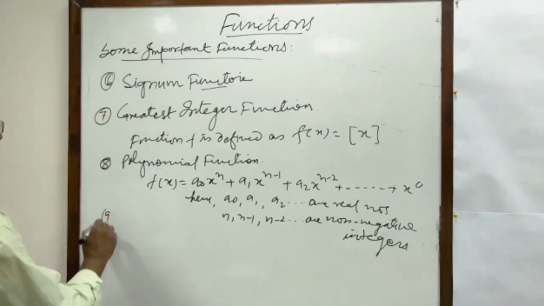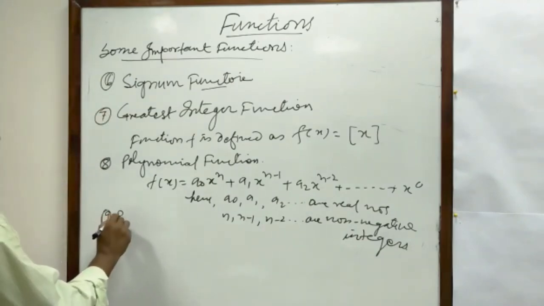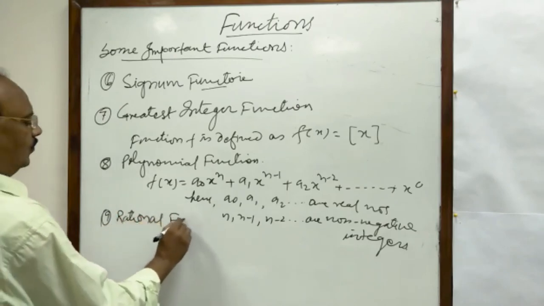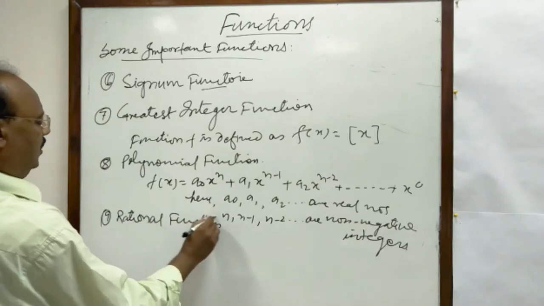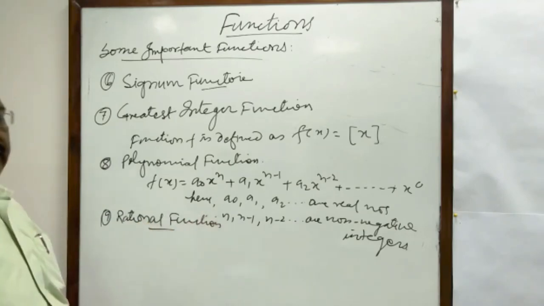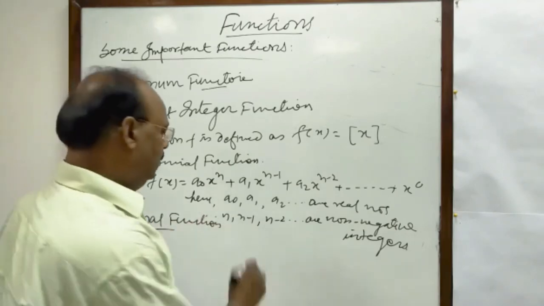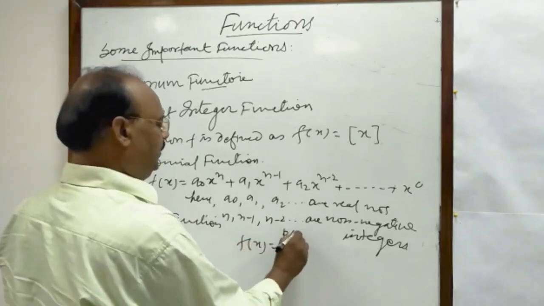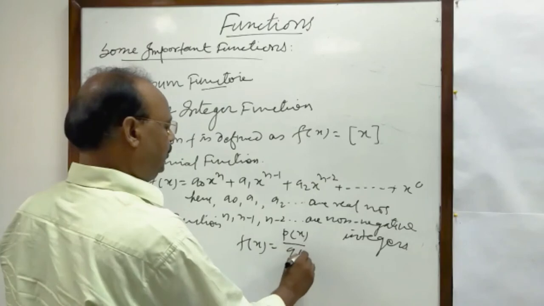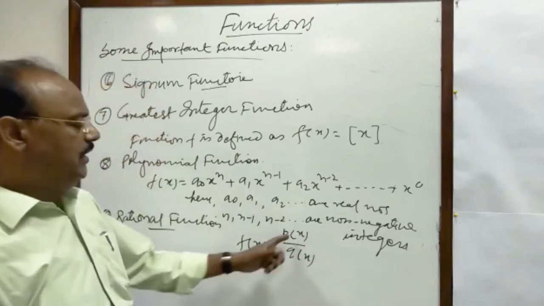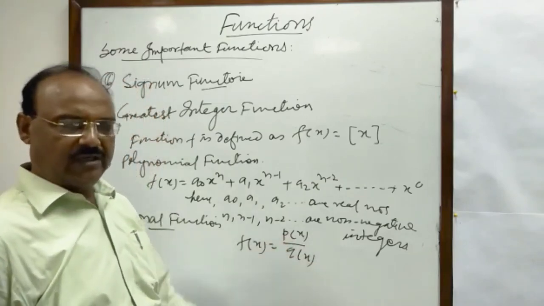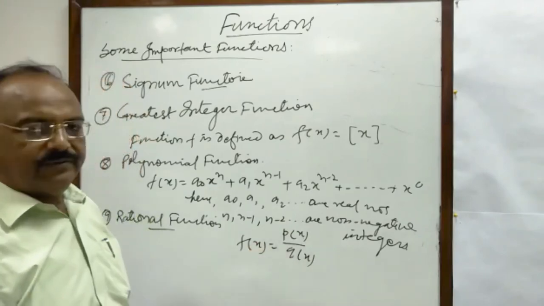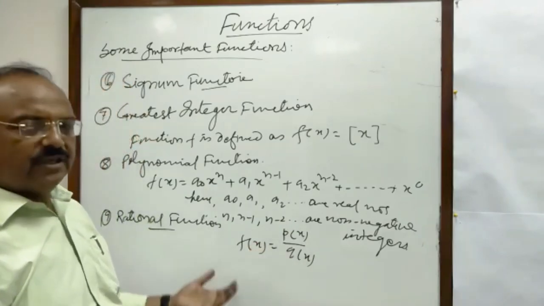Next, rational function. If any function f is expressed as f(x) is equal to p(x) upon q(x), where p(x) and q(x) both are polynomials, then this function f is known as a rational function.